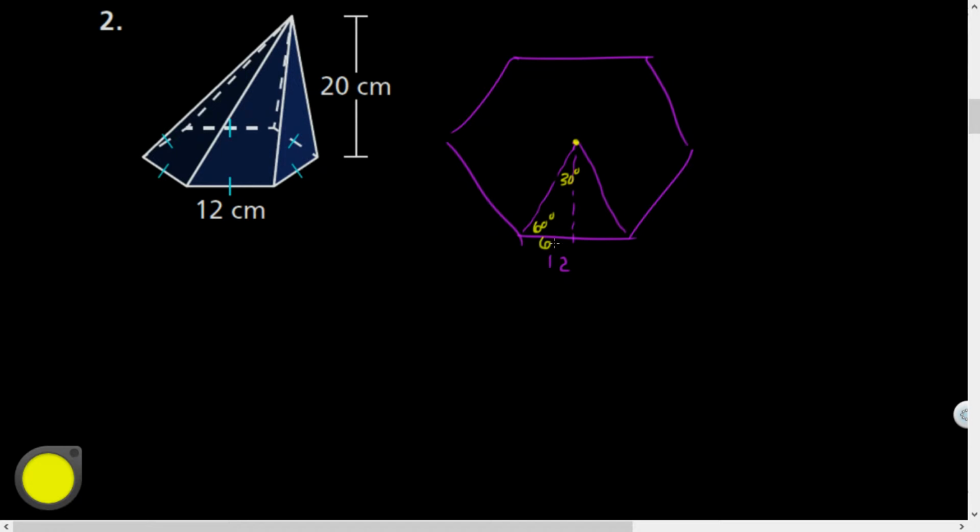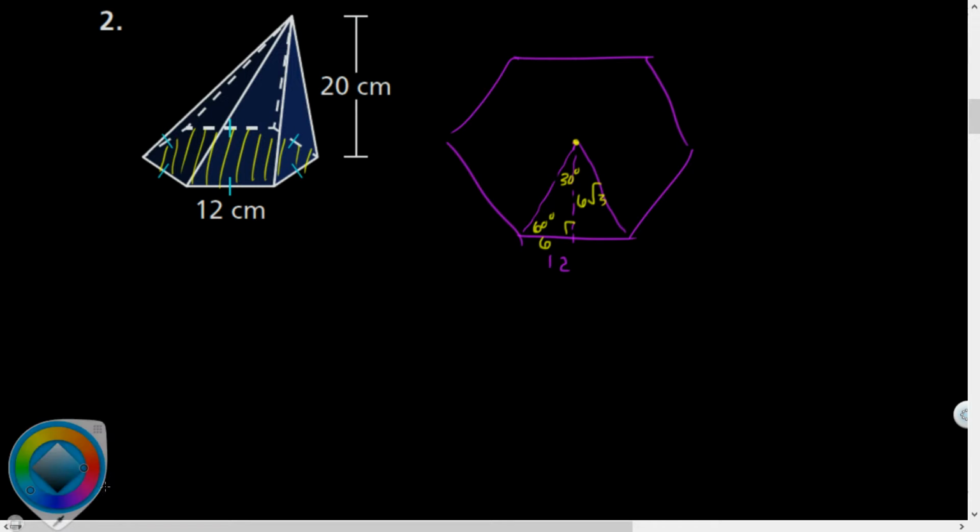Half of 12 is 6, and the apothem is going to be 6 times the square root of 3. So the area of this base, I might as well label that purple, is going to equal half the apothem times the perimeter, or half the apothem times the side length times the number of sides.